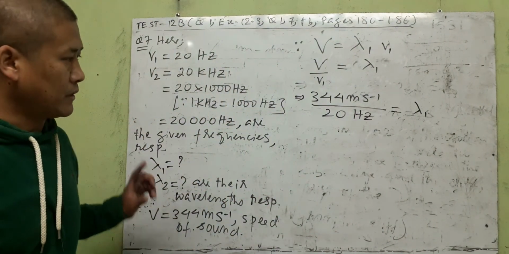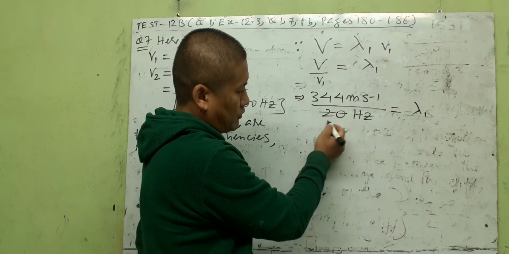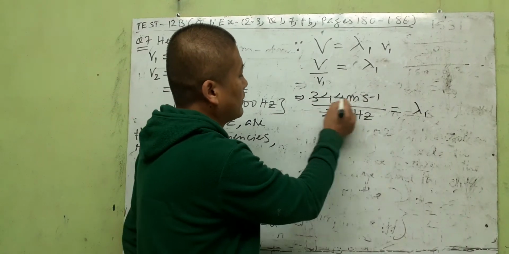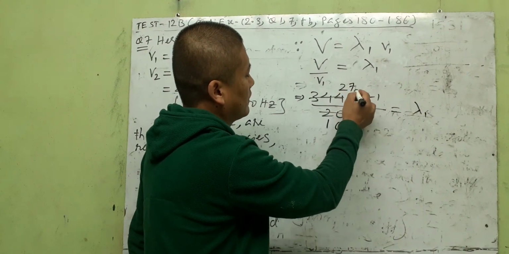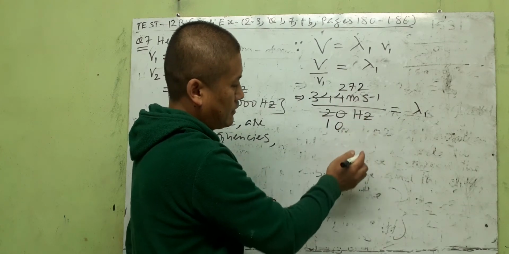We can do it our way, but this will be easier: dividing by 2, it becomes 10. 2 1s are 2, 2 2s are 4, 2 7s are 14. This 10 is very easy to divide.